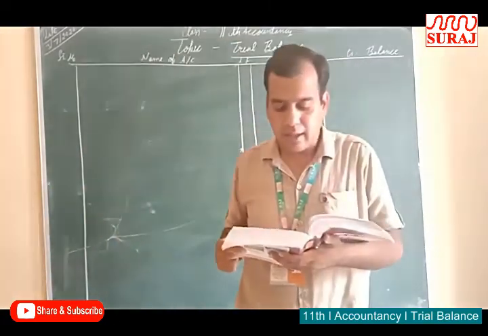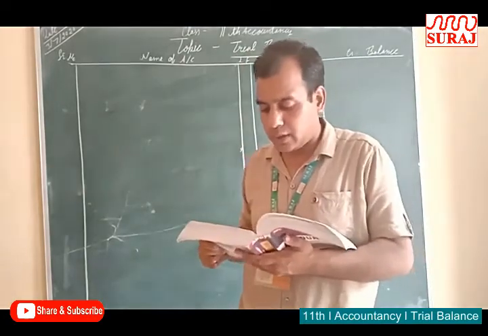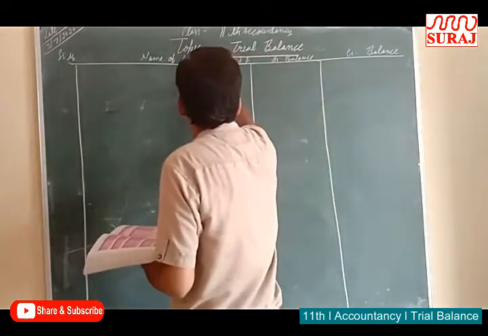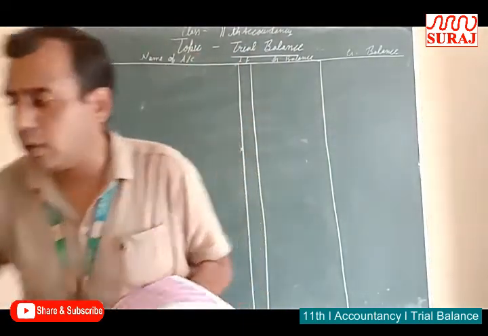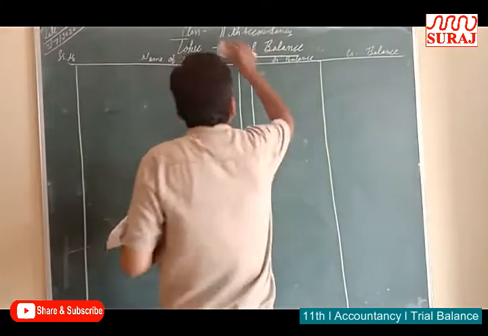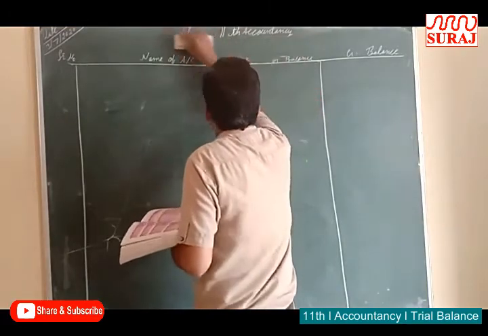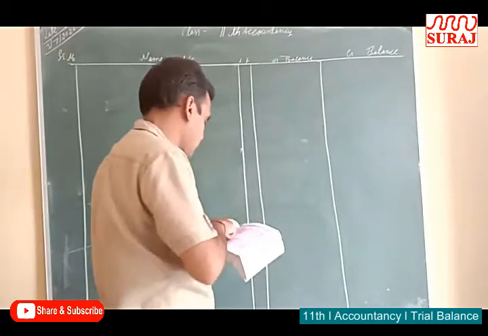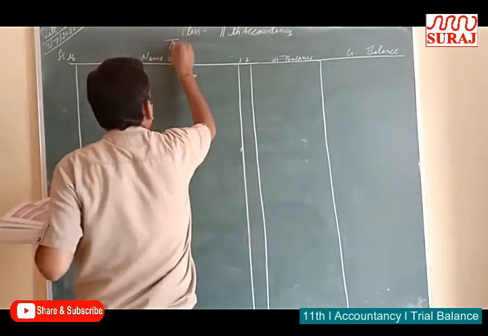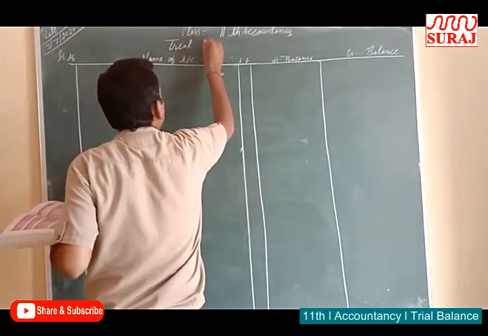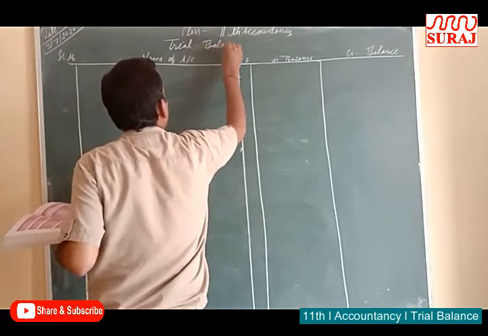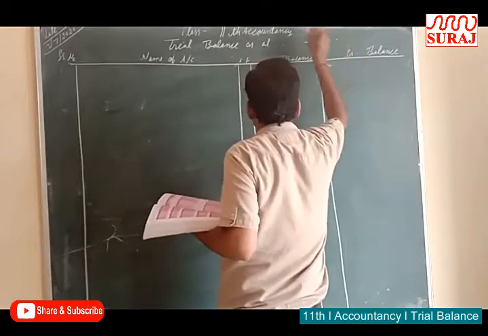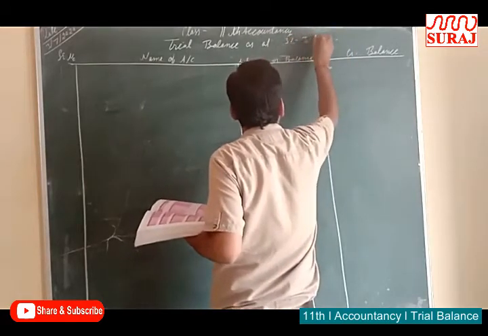Dwarka Prasad and Sons as at 31st March 2017, you should write here: trial balance as at 31st March 2017.